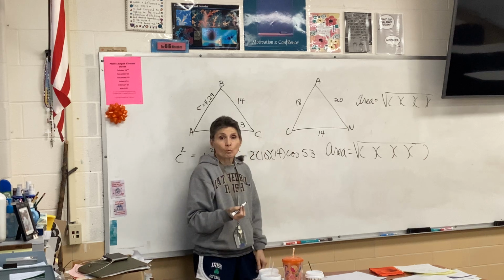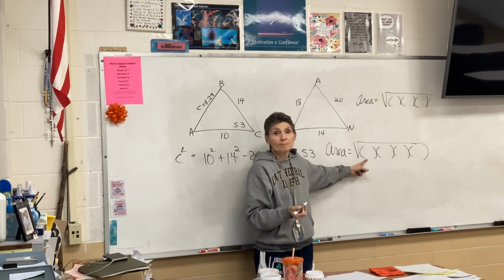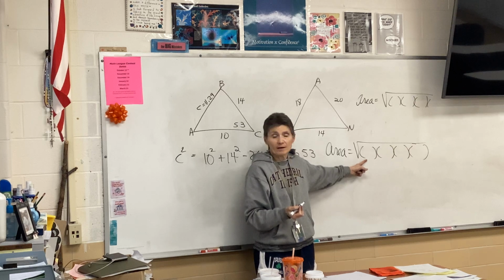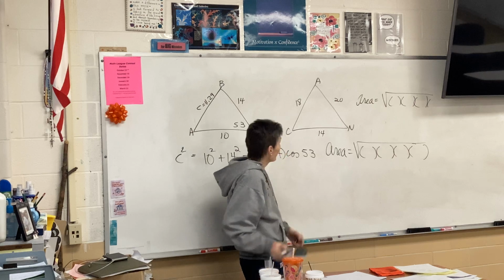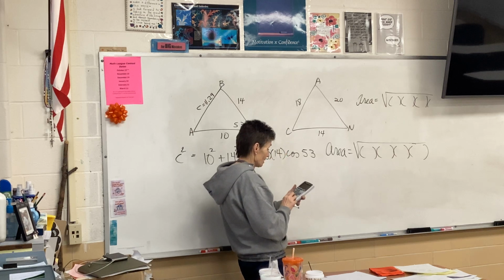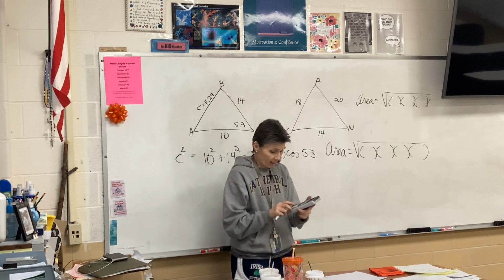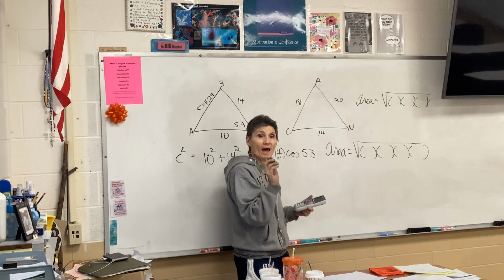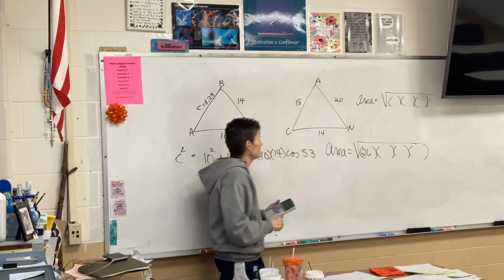Now, what are the 4 numbers? Well, remember the first one is half the perimeter. So let's find the perimeter. It's been a long day and I don't trust my arithmetic, so I use my calculator. Add them all up and then divide by 2. I want half the perimeter. So half the perimeter is 26.